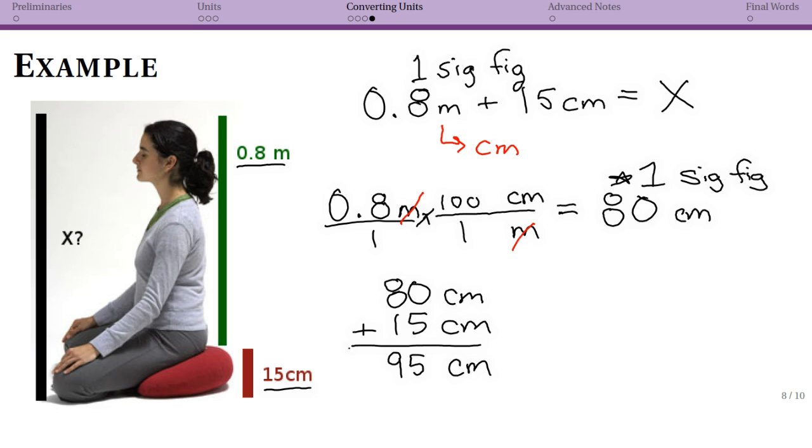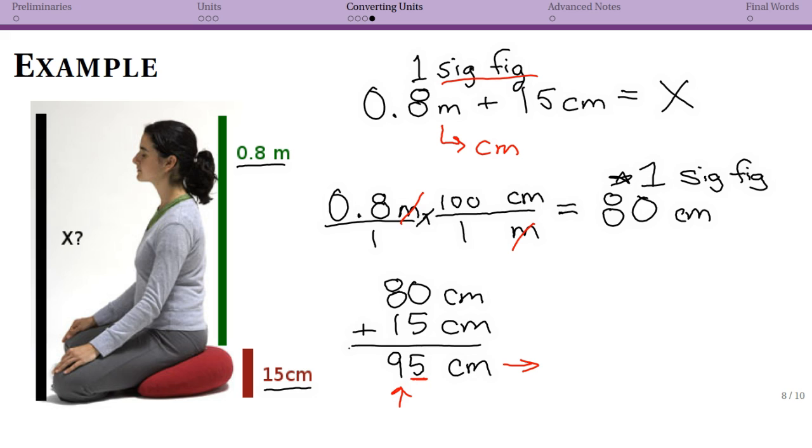There's one more thing you want to do, though, and that's remembering your sig figs. If you don't know what I mean, there's a separate video that goes through sig figs in more detail. In this case, I only want to have one significant figure, and that means I need to round. Since this is a 5, that means I need to round up.